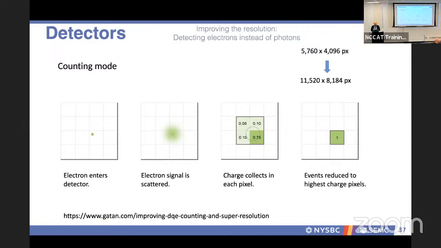That's why if you take a super resolution image and bin it back, you actually have a higher DQE than with just counting or super res, because you're better centroiding your electron event.